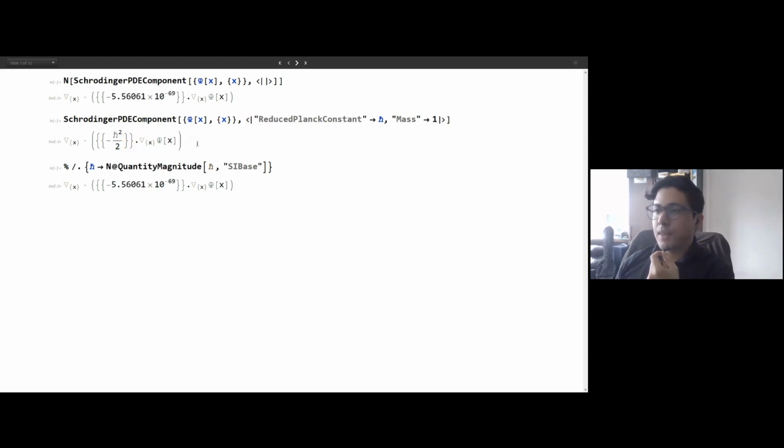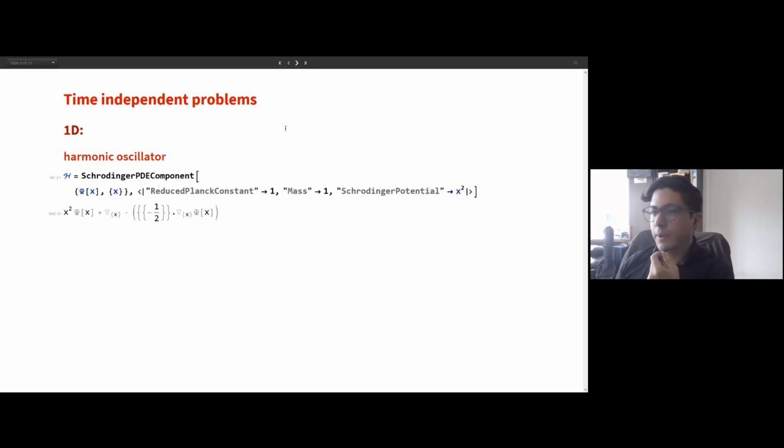If you replace the value of h bar with the value of the reduced Planck constant in SI base units, you get the same thing as before. So internally the SchrödingerPDEComponent uses the SI base units, and by default it uses the usual value for the reduced Planck constant.